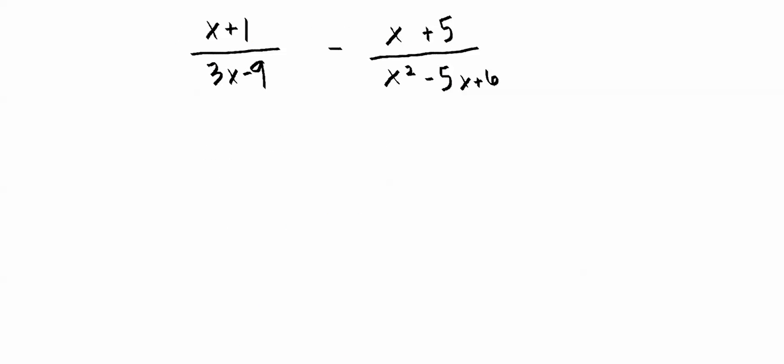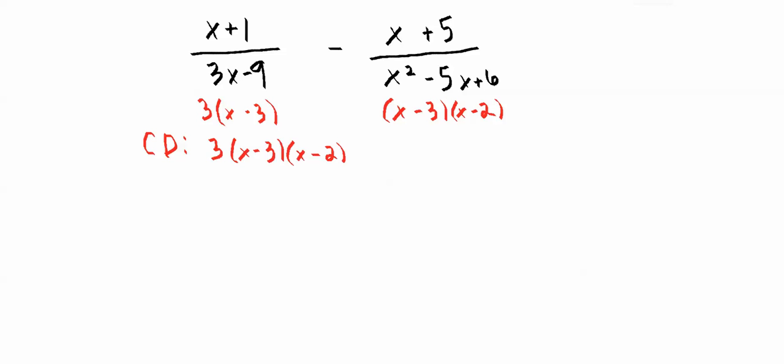So we're going to do another one where you actually have to factor this time and distribute the subtraction sign. Alright, so then we factor our denominators, and when we factor 3x minus 9, we factor out the 3 and get 3 times x minus 3, and for the other one we get x minus 3 times x minus 2, which then gives us our common denominators of 3 times x minus 3 times x minus 2, where we then multiply each side by what is missing.